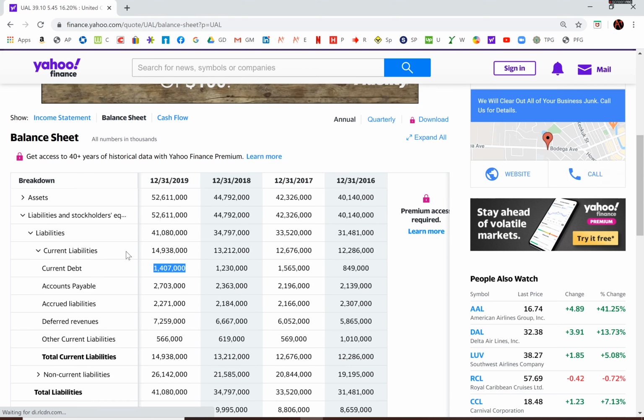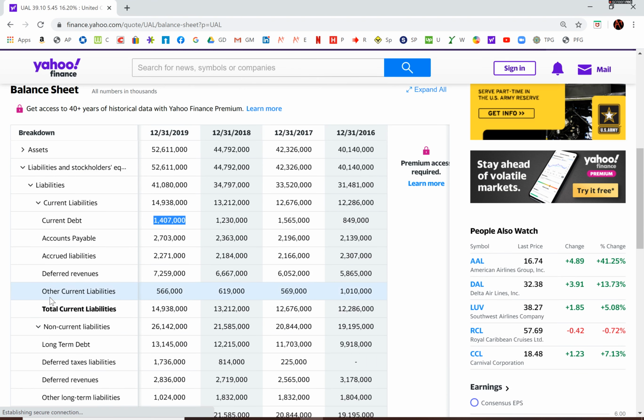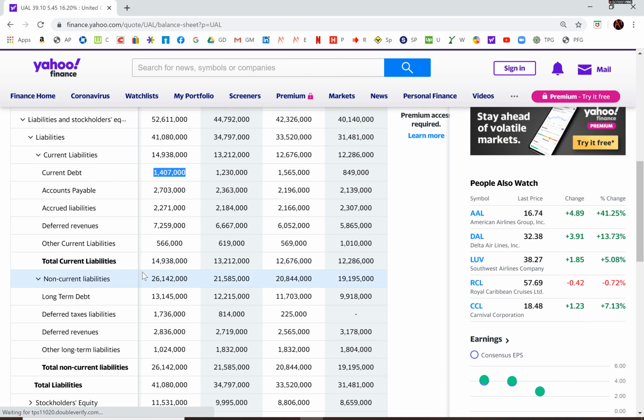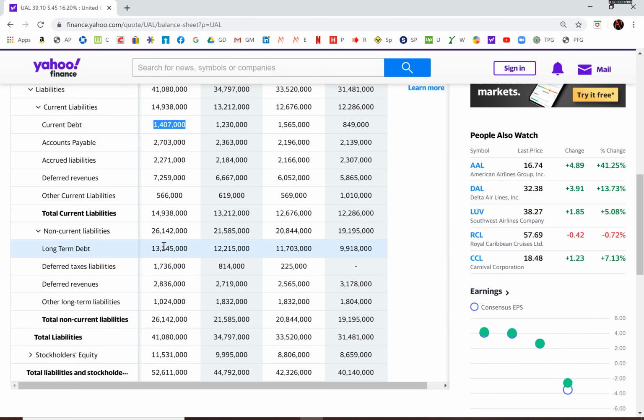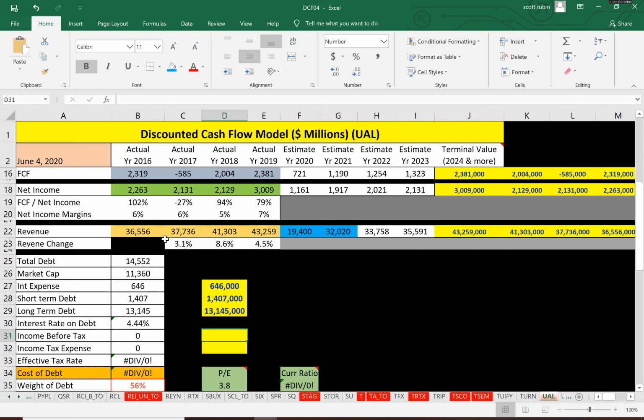And that's debt due within 12 months. Let's see the non-current debt, the long-term debt. That's $13.1 billion. So they pay 4.44% interest on the debt.